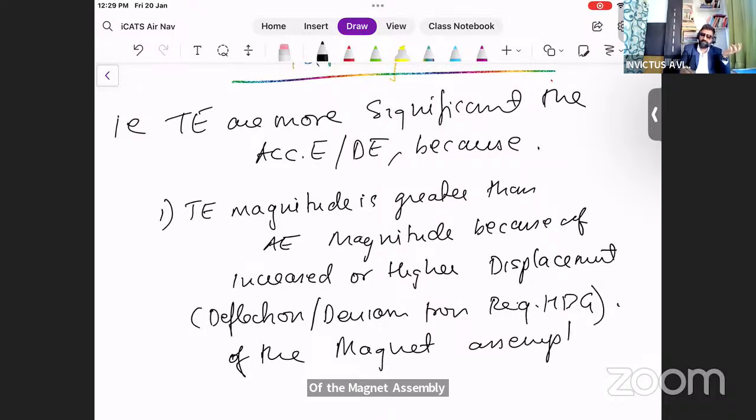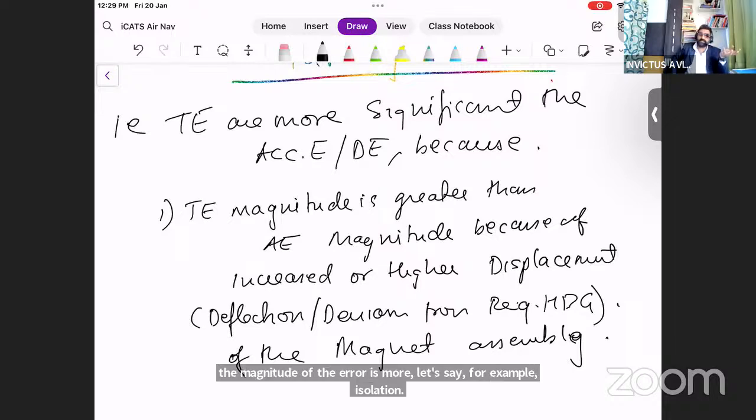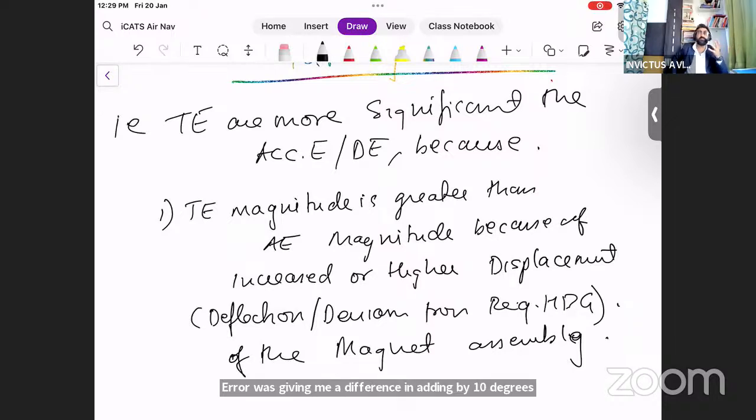So comparing with the displacement or deflection of the magnet assembly in acceleration errors, the turning errors give more displacement. So the magnitude of the error is more. Let's say, for example, acceleration error was giving me a difference in heading by 10 degrees. Then turning errors might give me difference of headings by 20 degrees or 30 degrees, like that.